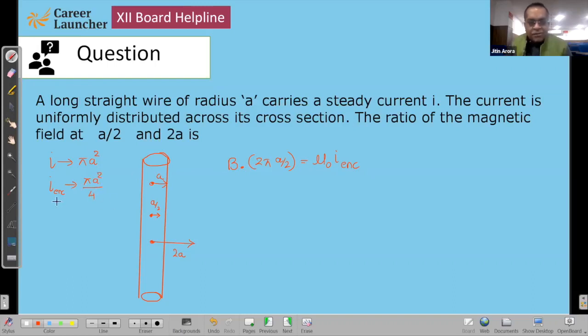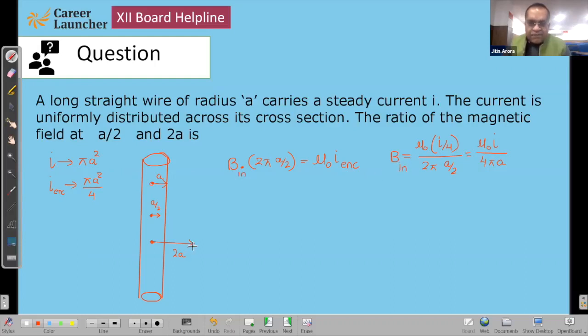So I enclosed is equal to I by 4. So I get B is equal to mu naught I by 4 upon 2 pi A by 2. ठीक है ना? So ये हो गया अपना म्यू नॉट आई अपॉन 2 से एक 4 का 2 कैंसिल हुआ, या 2 से ये 2 कैंसिल हो गया, तो 4 ही आया अपने पास, 4 पाई ए. दिस इज द मैग्नेटिक फील्ड इनसाइड.